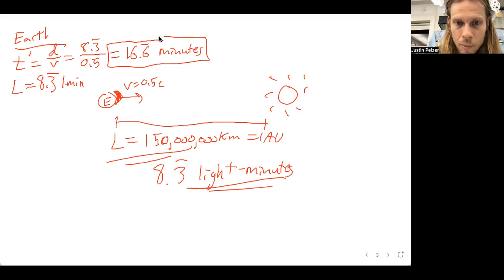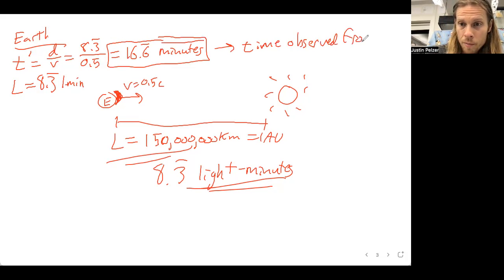What does that mean? Pause and think about what that means. T prime is the amount of time it takes for the rocket, time observed from Earth, for the rocket to reach the sun.